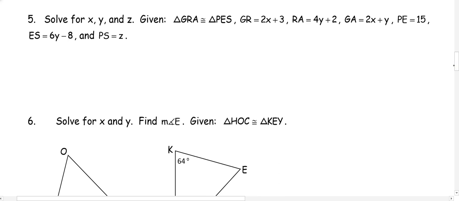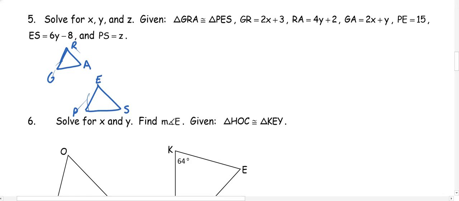So now we're going to use congruent triangles to solve for a variable. So in number 5, we have triangle GRA, and we have triangle PES.